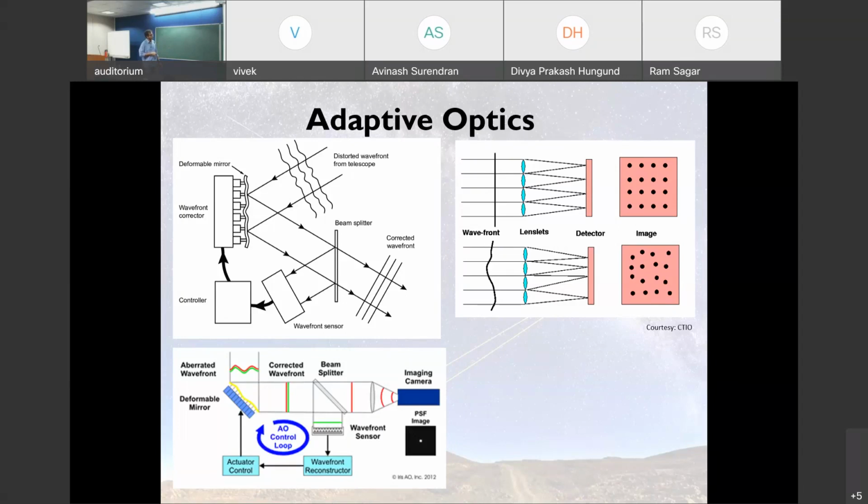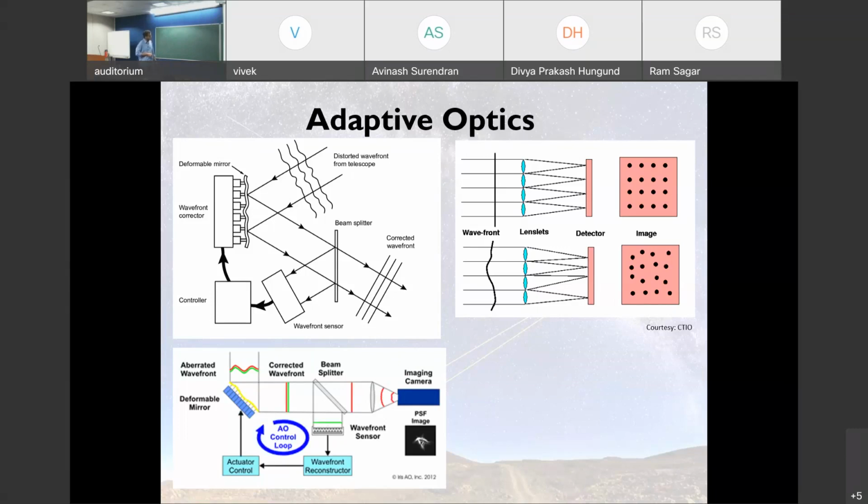So instead of creating one image on the camera, you have a two-dimensional array of images of a star. If it is a perfectly plane wavefront, all of these spots should be equidistant from each other, and any distortions will lead to deviations from these positions. So we detect the shape of the wavefront by understanding how much these spots have shifted from their original position if it was a plane parallel wave.